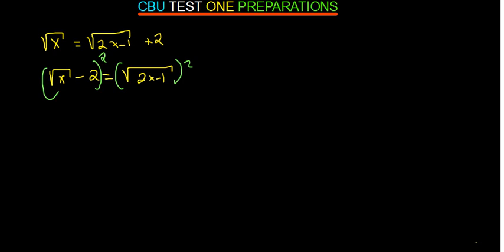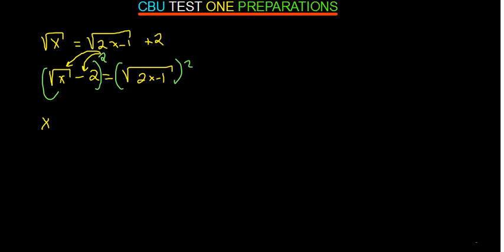Now to square something like square root of x minus 2, get the first one, you square it, that is the square root of x squared, it will just be x. And then get the power 2 multiplied by the square root of x, also multiplied by negative 2. So 2 times negative 2, that's negative 4.